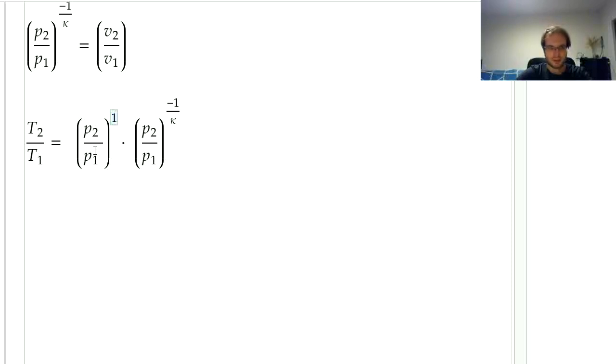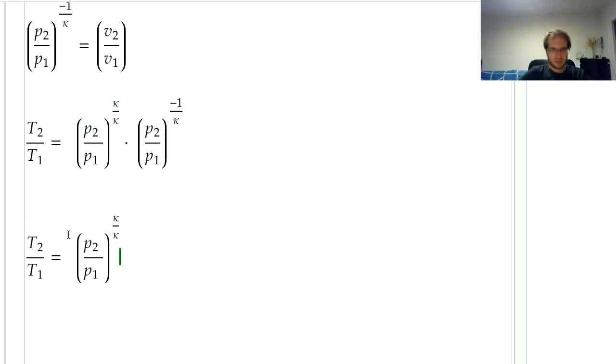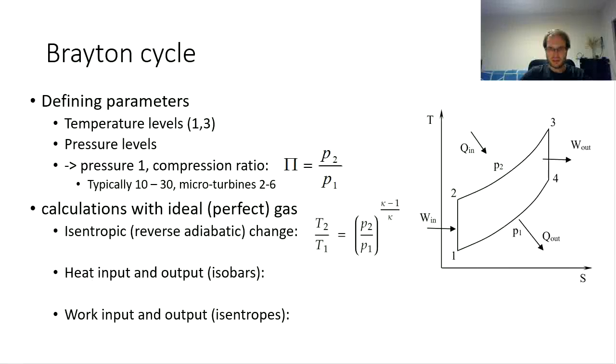But this one can also be expressed as kappa over kappa, and now we can put these two parts together, and it will look like T2 over T1 is P2 over P1 to kappa minus 1 over here divided by kappa. And this is the expression that we had over here.